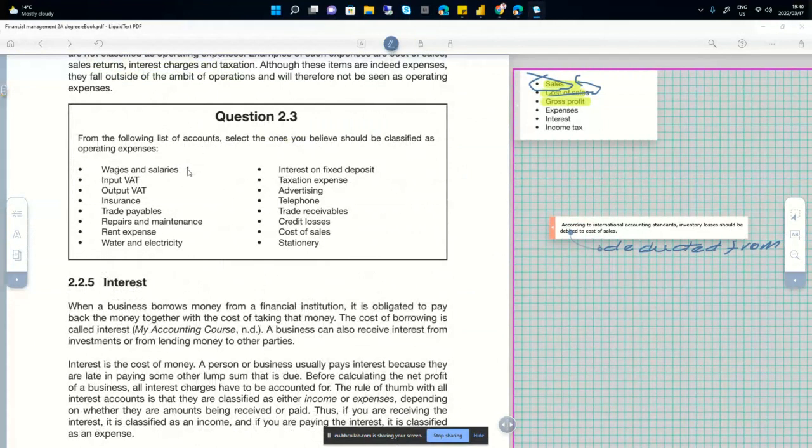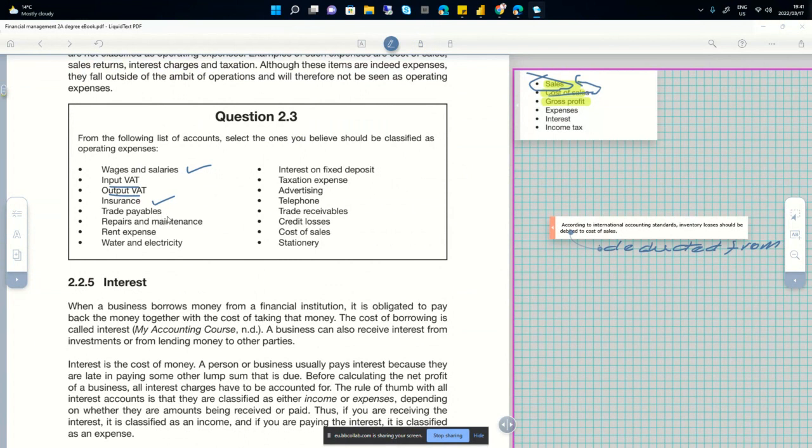When you're paying your wages and salary, you are not expecting to get it back. Is input VAT and output VAT an operating or administrative expense? Not at all. Insurance is an expense. When you're paying for your car insurance, you are not expecting the insurer to give you back money. So it's an expense that you are not expecting to recoup.